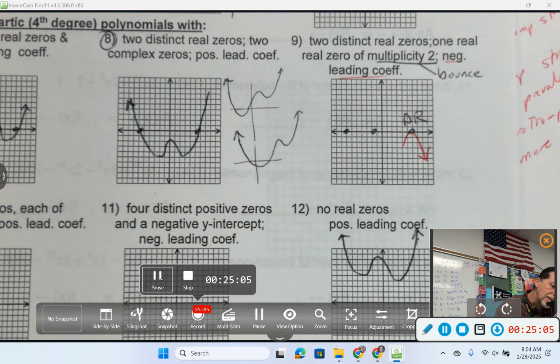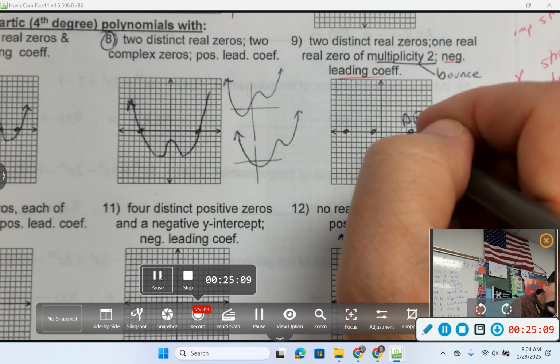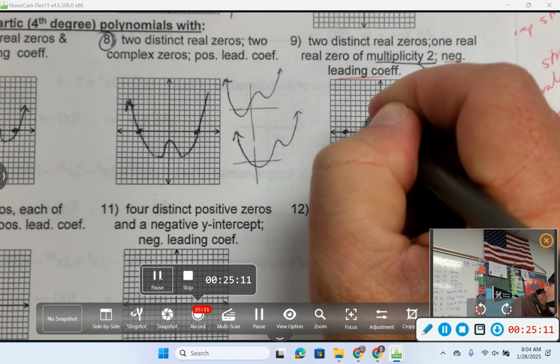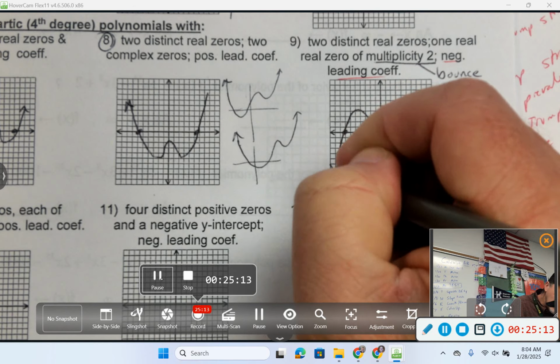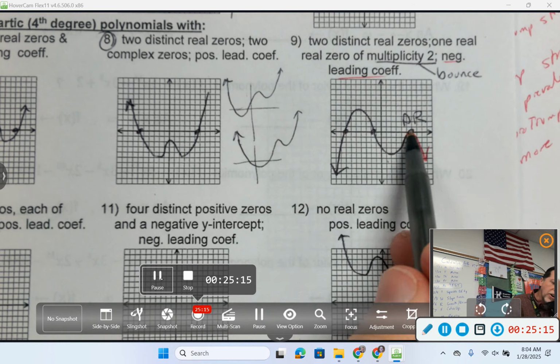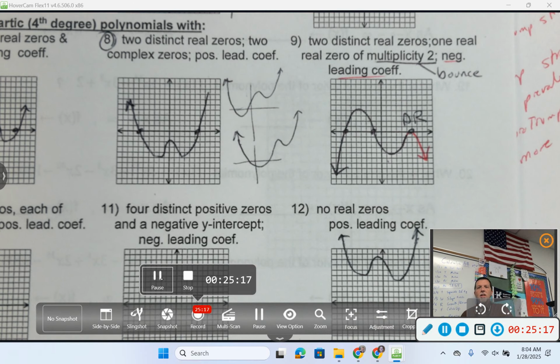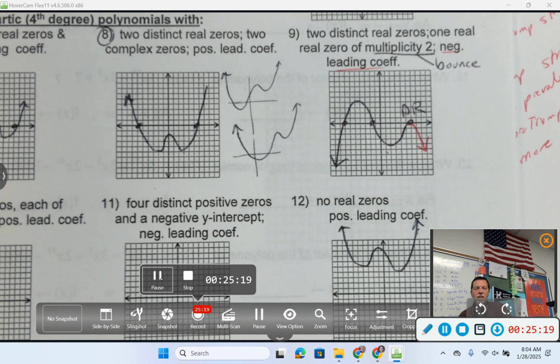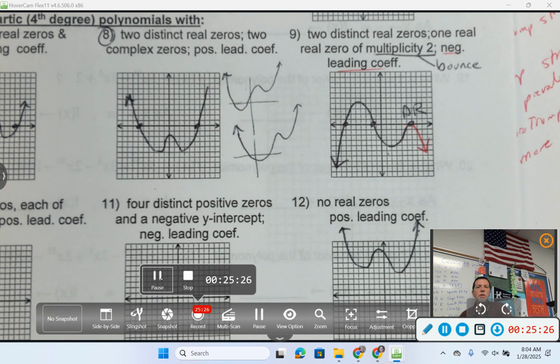there's my right end. Now let's see if I can make the rest of this work. Turn around, hit that zero, turn around to hit that zero. 1, 2, 3 turns. Negative lead coefficient. I think I'm good. So number 9, you could have different answers, because you could put that double root in different places.